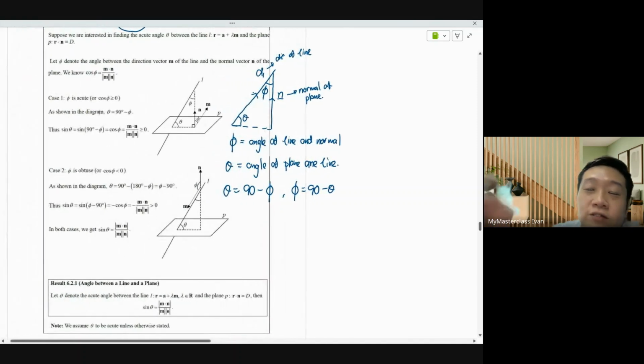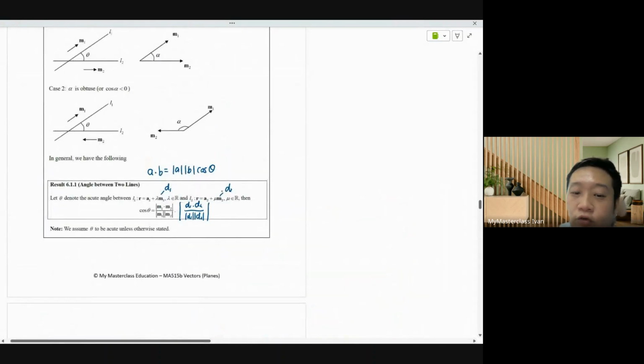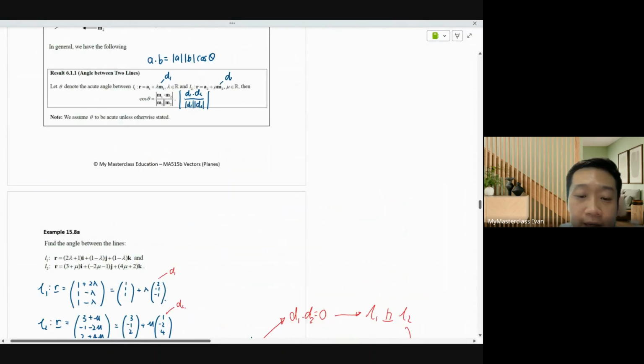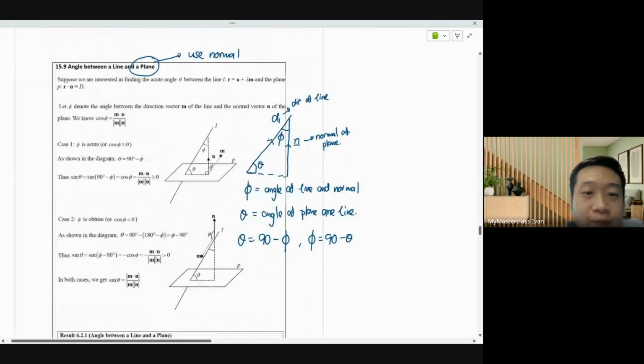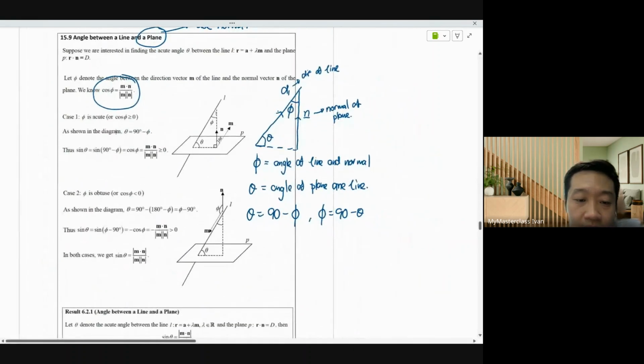Based on just now, remember the formula of angle between two lines is d1 dot d2 over magnitude of d1, d2. But that one helps you find theta only. Circle this, this is to help you find phi. And theta is 90 minus phi.